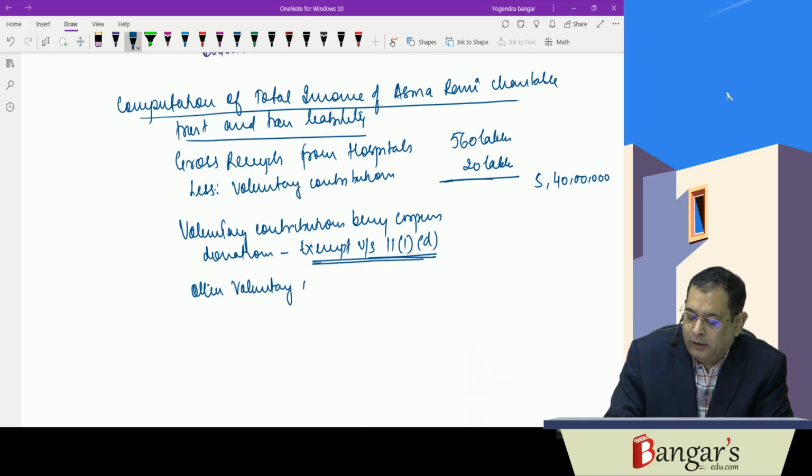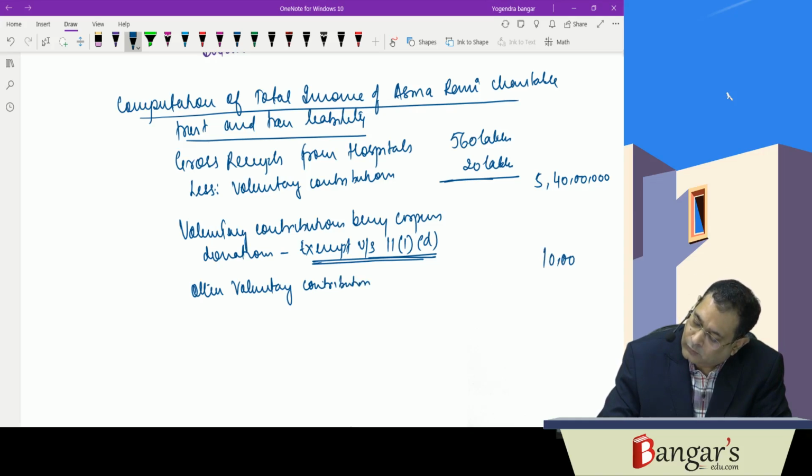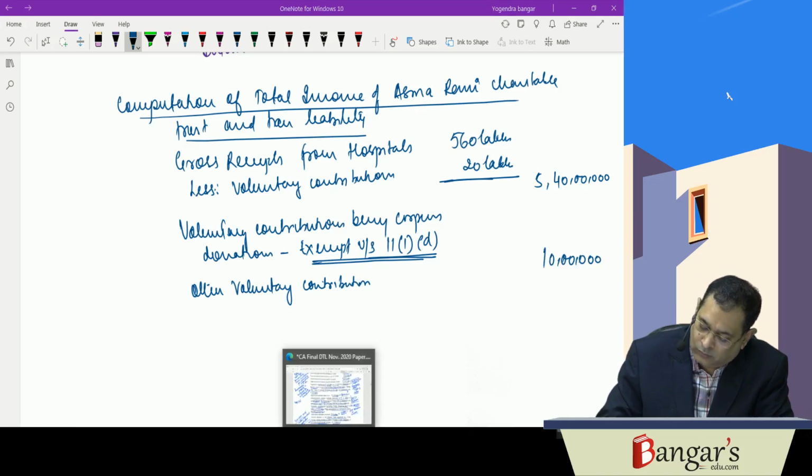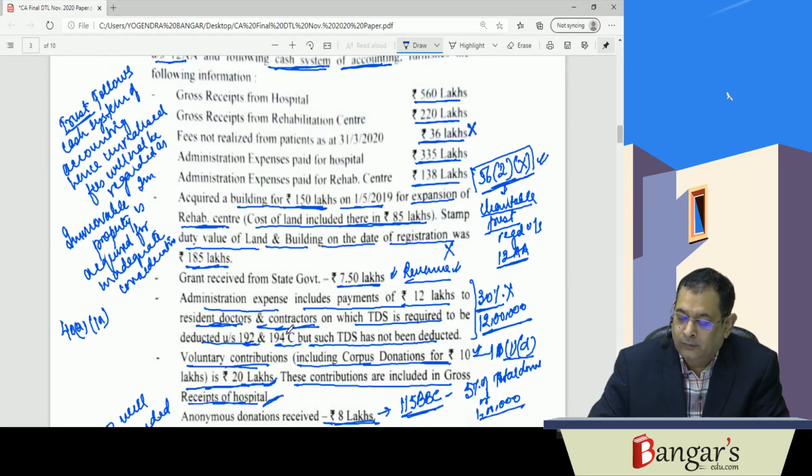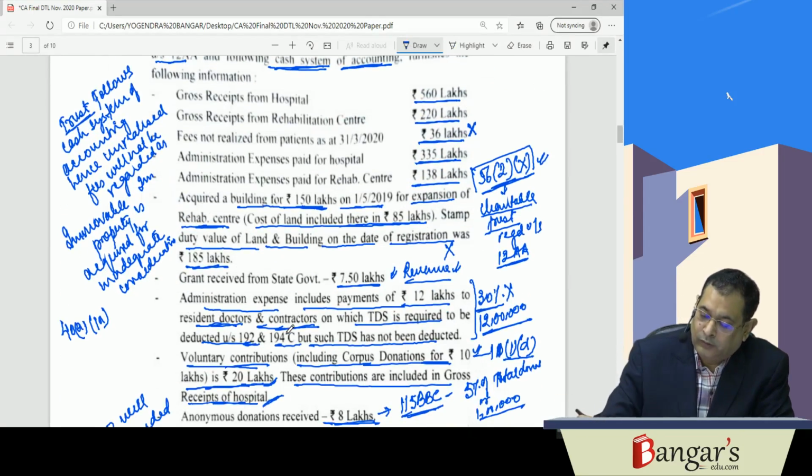Other voluntary contributions, ₹10 lakh. Okay. So this was about this.